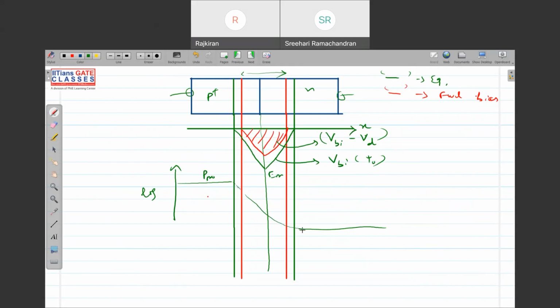This is my PN0. Because I have applied a forward bias, the electric field is reduced. What will happen? There will be injection of holes from P side to N side. This is nothing but my PN. In forward bias, this PN will be more than PN0 because holes have been injected from P side to N side.